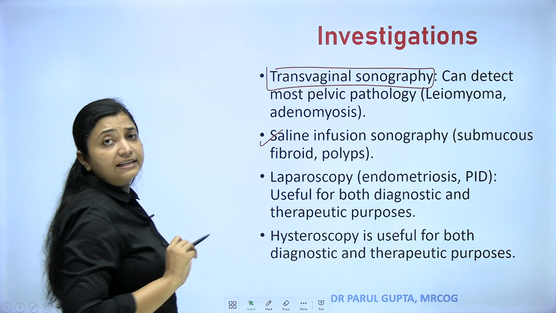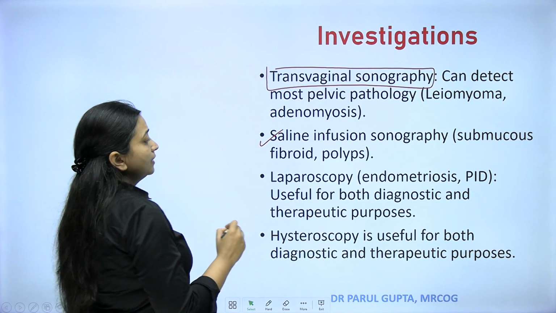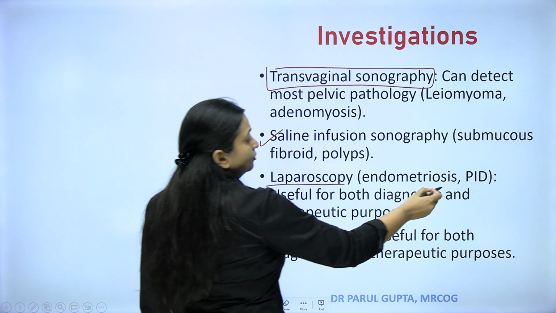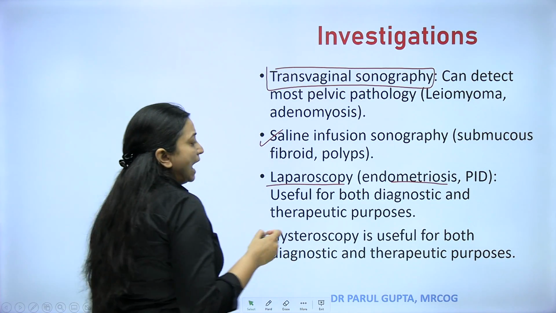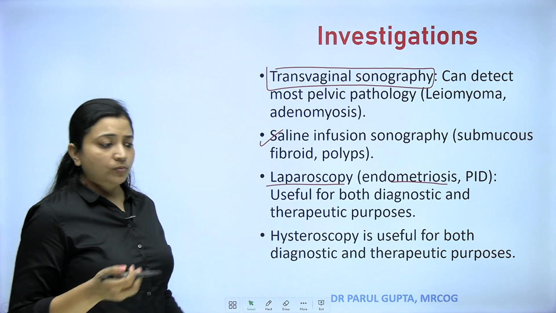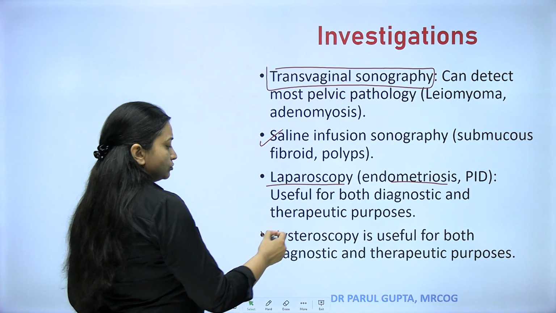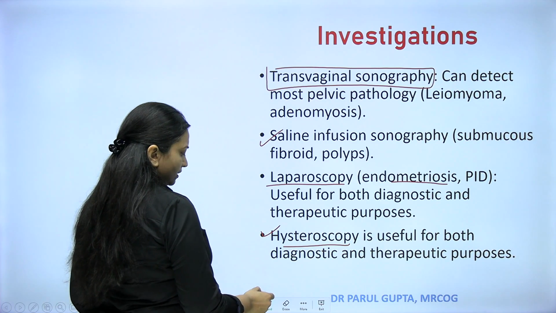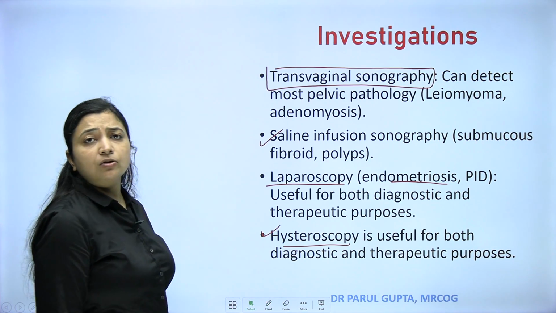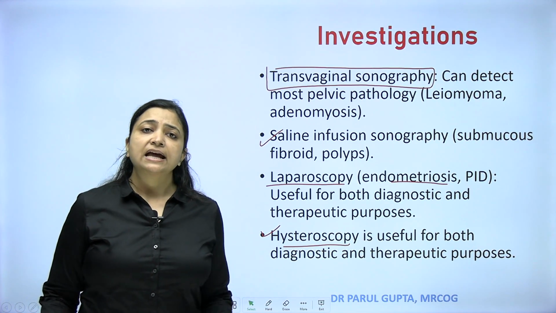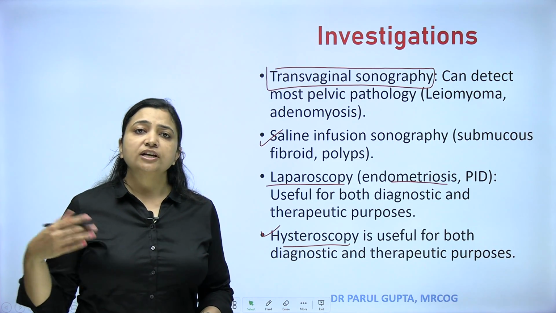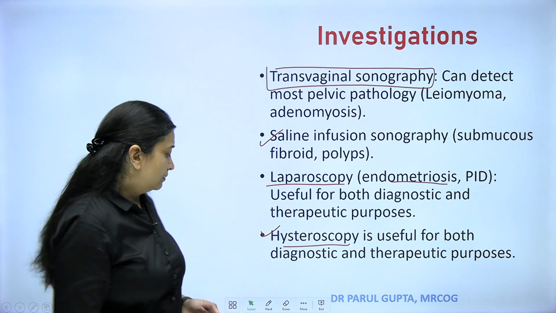We have done it very nicely in the lectures on fibroid. Laparoscopy to rule out endometriosis, PID, and definitely during laparoscopy you diagnose as well as you treat. Hysteroscopy is also useful for both diagnostic and therapeutic purposes. Basically, secondary dysmenorrhea is all about pelvic pathologies, and according to the diagnosis you need to treat that specific pelvic pathology.